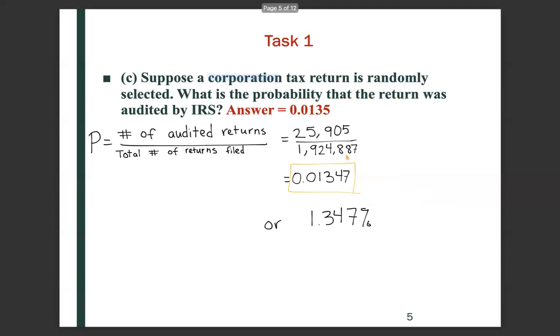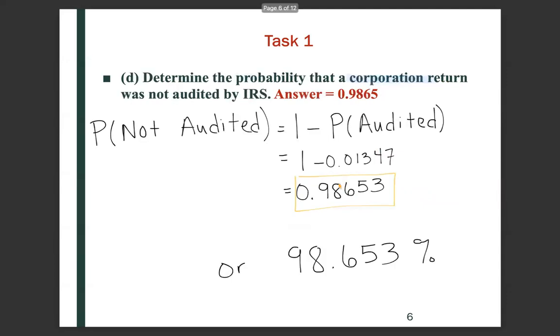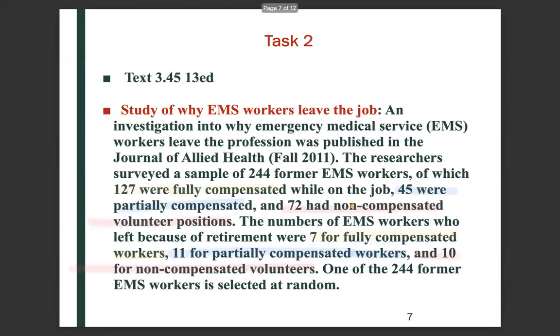So we had found that number to be 0.01347. So if we do 1 minus 0.01347, we get 0.98653 or 98.653%.